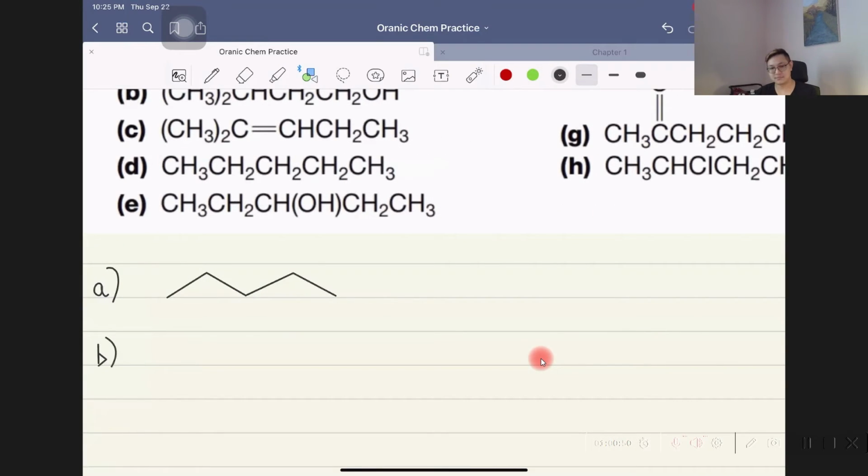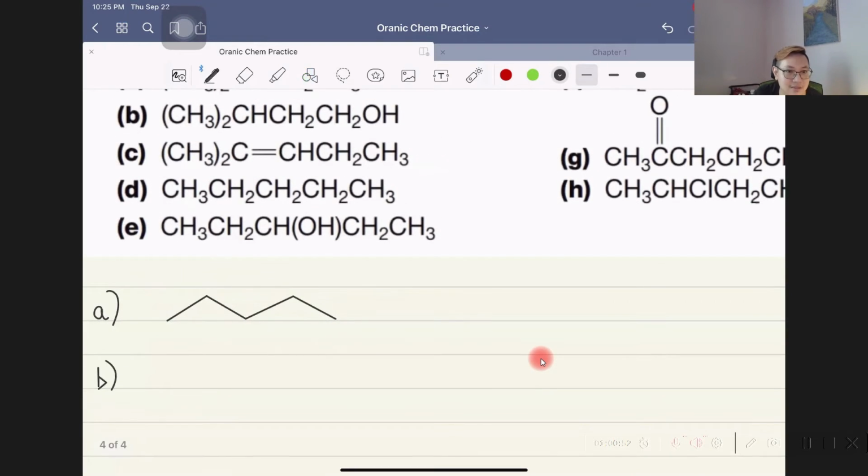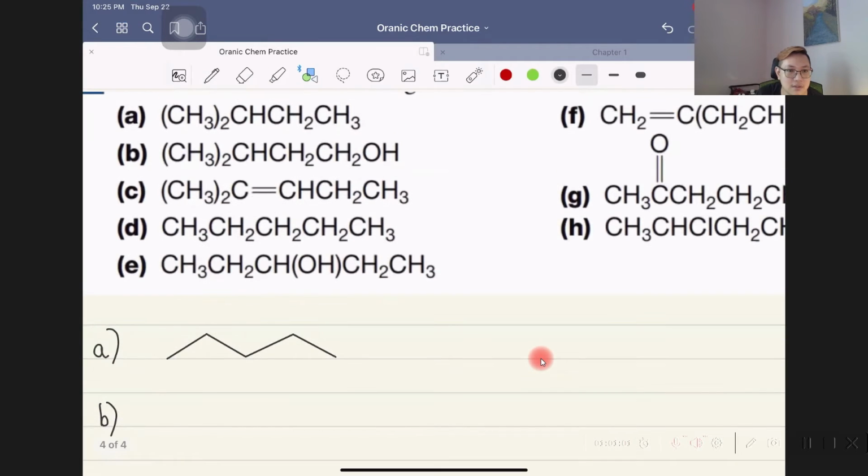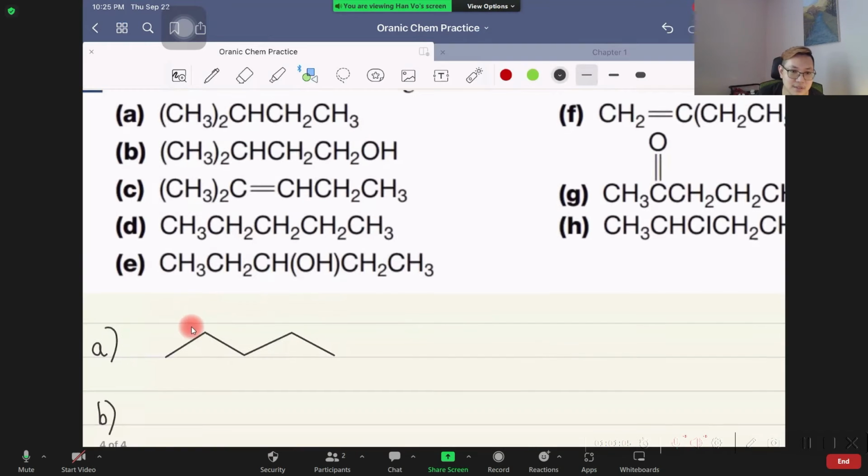I think for A something's wrong. Okay, second to check it. Oh, can you move up? Okay, CH3, one, two, two times. So for A there should be a branch. There should be a branch. Okay, got it.